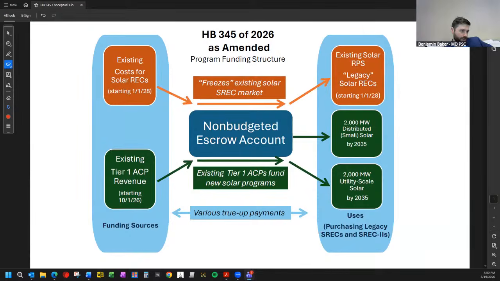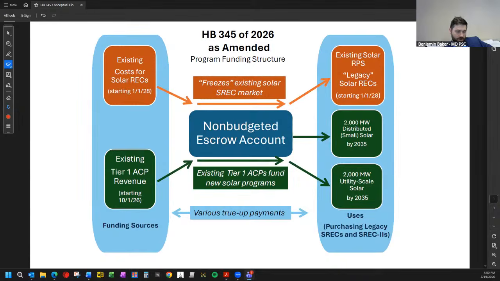So, Delegate, if you were to go to Bill page 8, which I think is PDF page 11 of the reprint that was sent around, and the pages before that actually does the same thing for an electric cooperative. Effectively, what's envisioned here is a two-path choice that the munis and the co-op, which would be SMECO in this instance, would have to choose. If they want to continue procuring their own SRECs, the bill gives them the opportunity to do that.